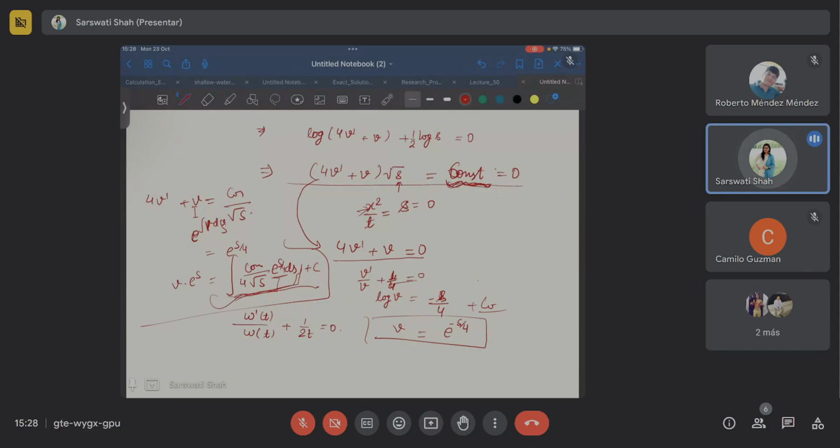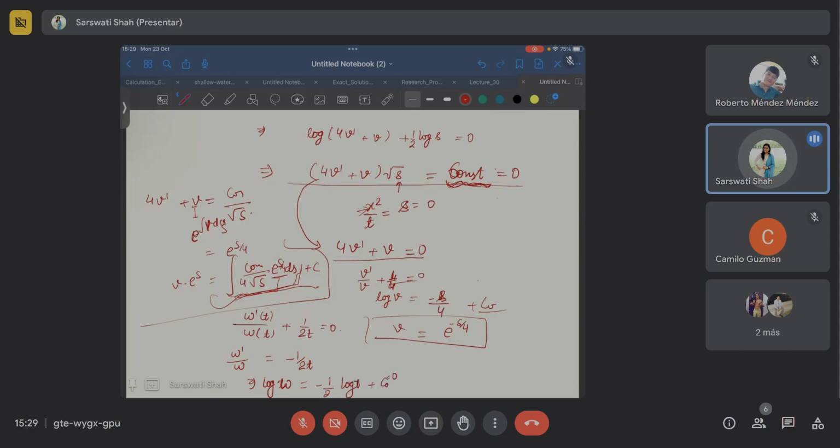So it will give us logarithmic of W equals minus 1 over 2 logarithmic of t plus some constant.